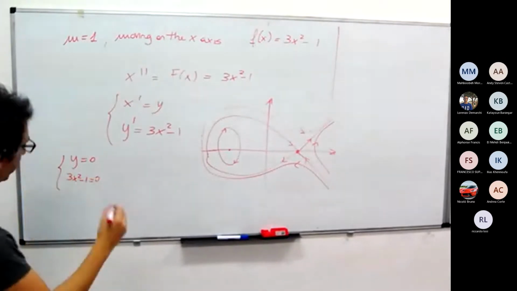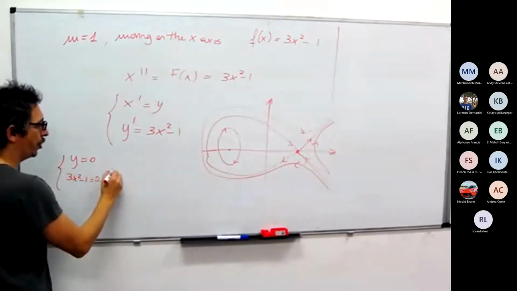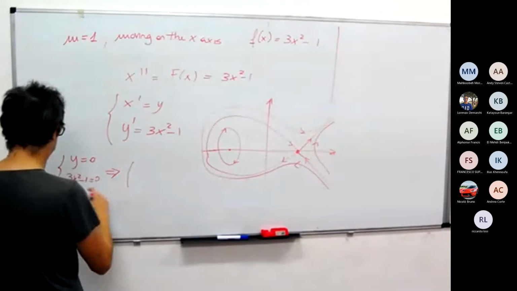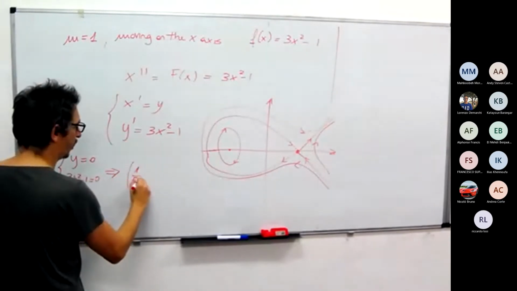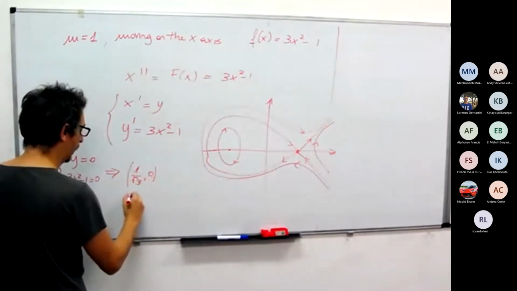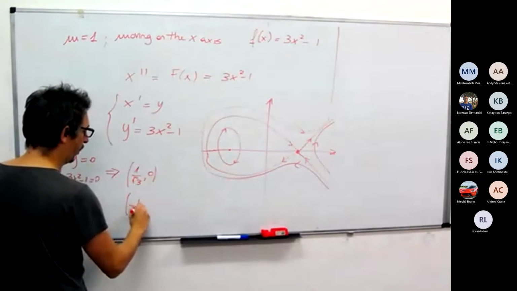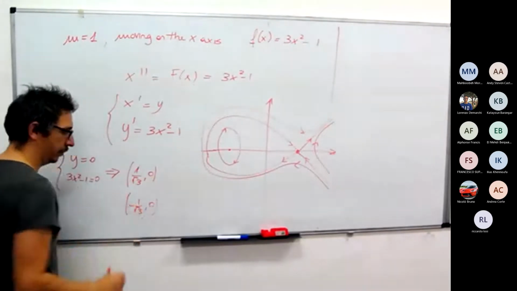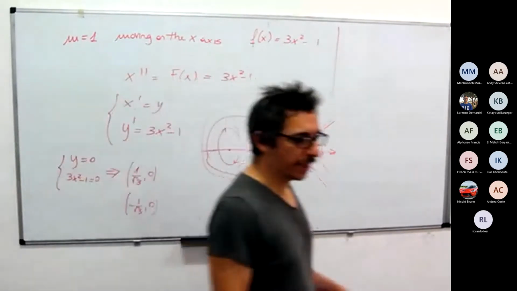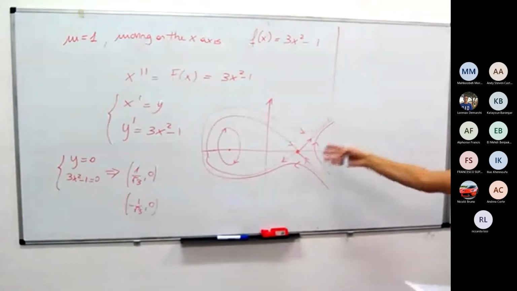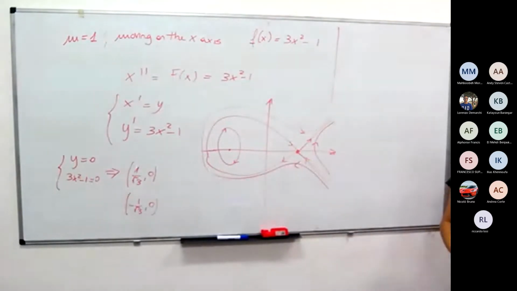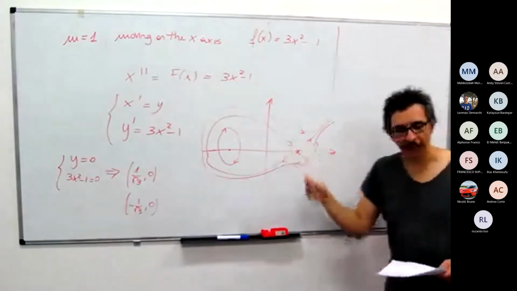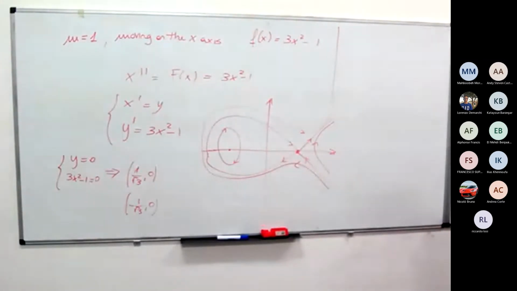And the two solutions are 1 over square root of 3, 0, and minus 1 over square root of 3, 0. So the critical points that I found are exactly the same that I found with the mechanical analysis of the system.